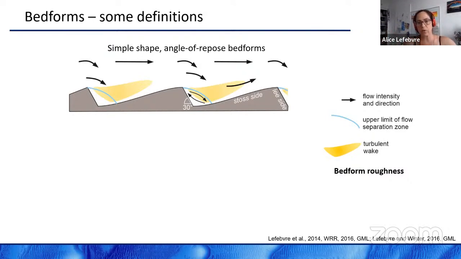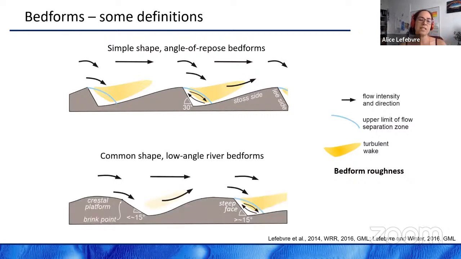So for example, in rivers, that impacts the water level, and that impacts, of course, sediment transport and all the hydrodynamics. However, we know now that a lot of dunes in large rivers actually are really not that steep. So they have a lee side which is 15 degrees or even less.